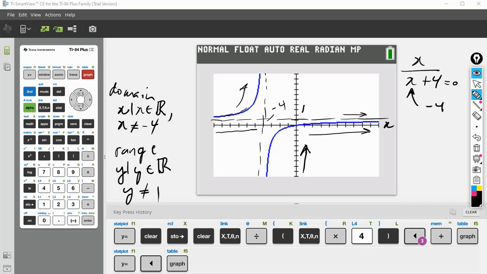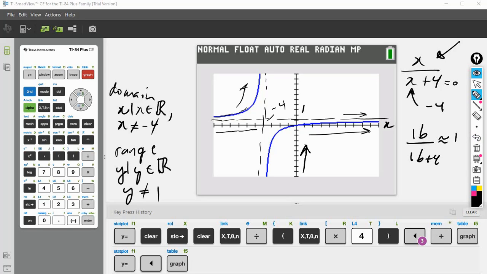But why so? Well, that is because if you plug in very large numbers here, huge numbers, think of a number like 1 billion. If you divide 1 billion by 1 billion plus 4, this is going to be approximately 1.